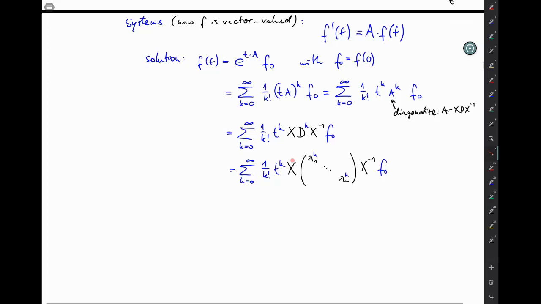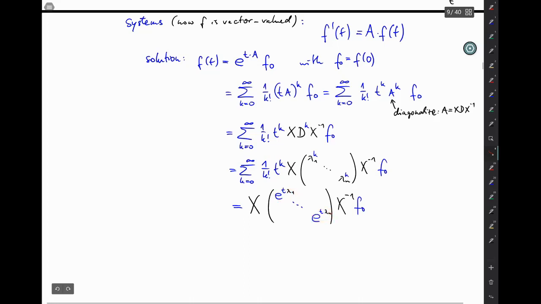Okay, but now you can get this matrix X out in front of your summation and get all these sums and terms inside the matrix in front of each diagonal entry. And that gives you exponential functions, now scalar valued ones, for each of the diagonal entries.